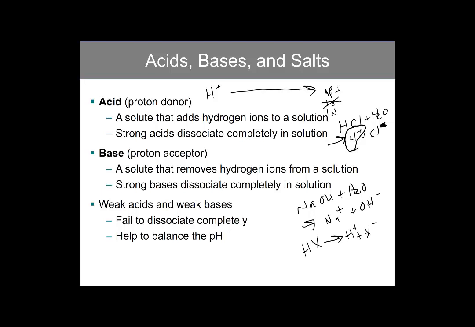A weak acid or base fails to dissociate, so you still have a fair amount of the parent reactant in the reaction. That failure to dissociate identifies this generic acid as a weak acid, and the same goes for weak bases. Weak acids and weak bases are really used physiologically to help balance pH.